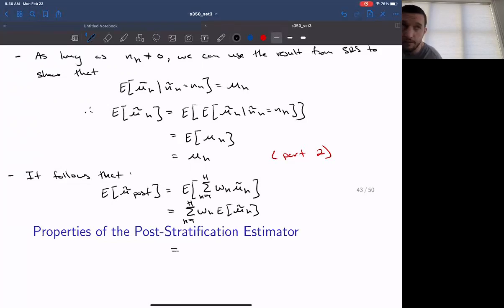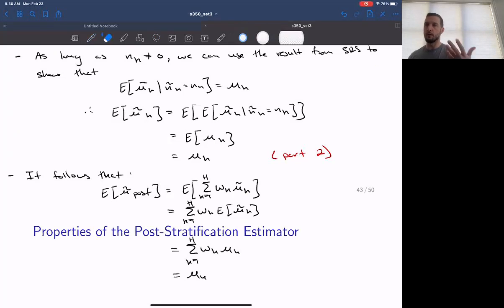And then we can see that this is going to be the sum from little h equals 1 to capital H of WH times mu h, which is equal to mu. So therefore, the post-stratification estimator is also unbiased for the population mean, which is what we expected, but this is how we could show it's true.